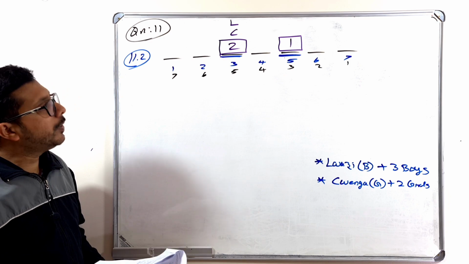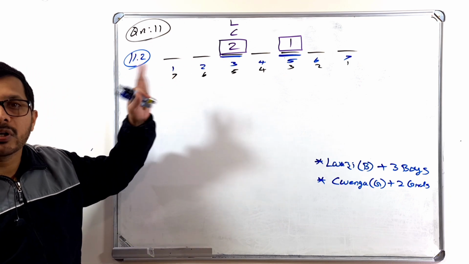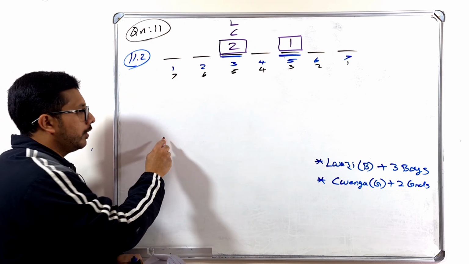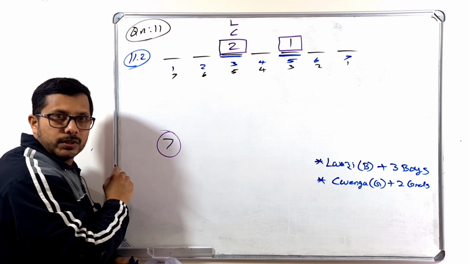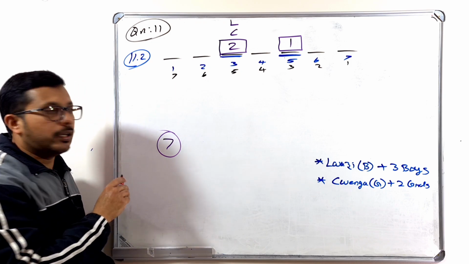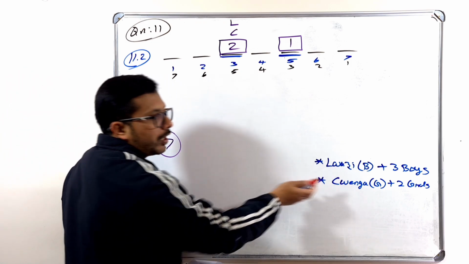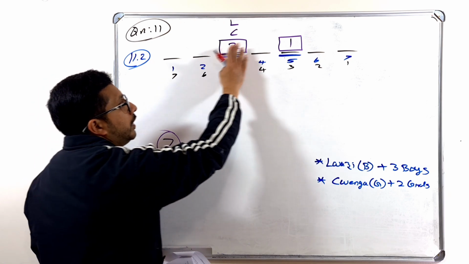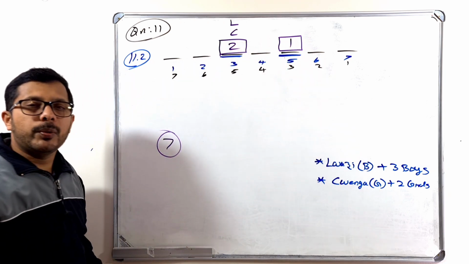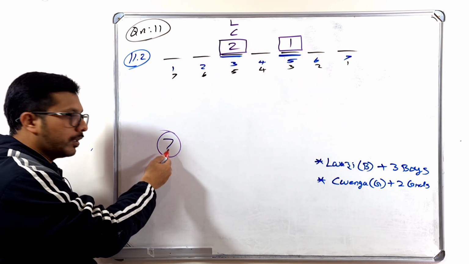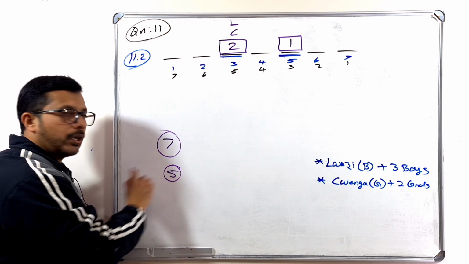Now how many people are there in total? Total there are 7 people, and Lassie and Swenga are already allocated here and here. So only 5 are left.